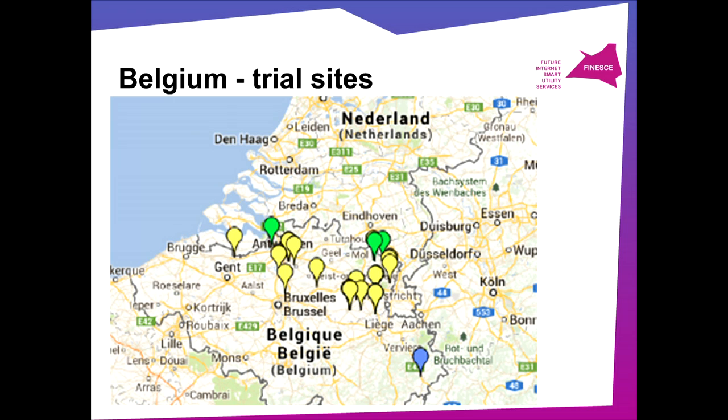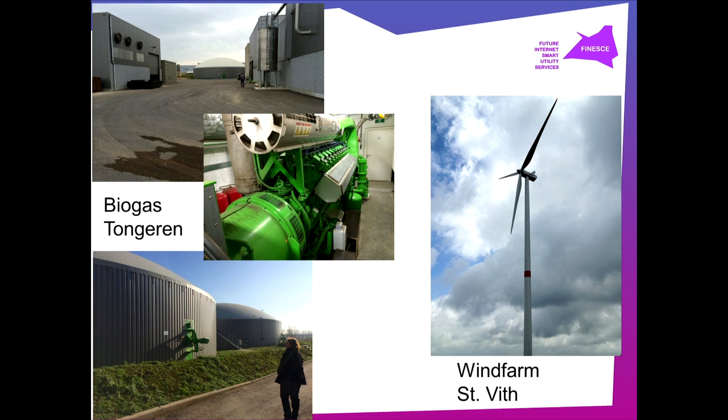There are also more maps, but I think it shows that it's distributed over the area, in this case over Belgium. Some people like pictures, to give you a feeling.